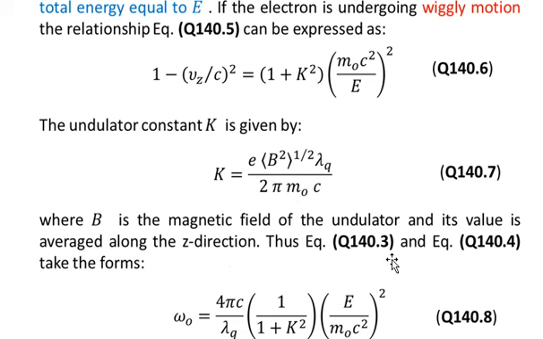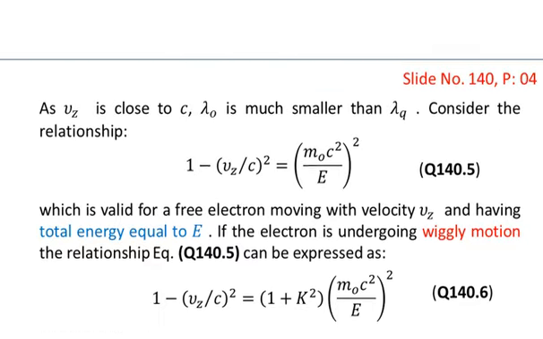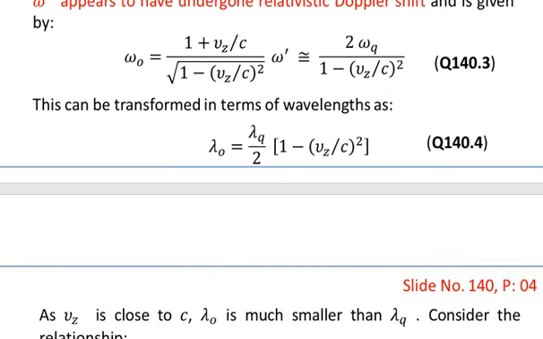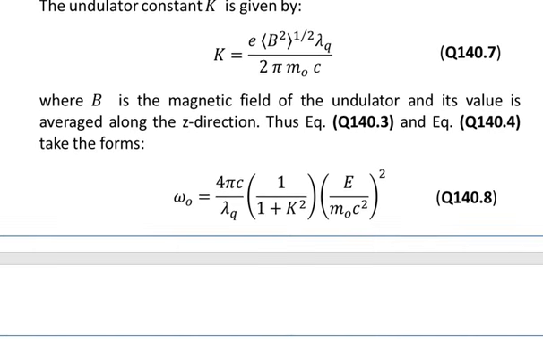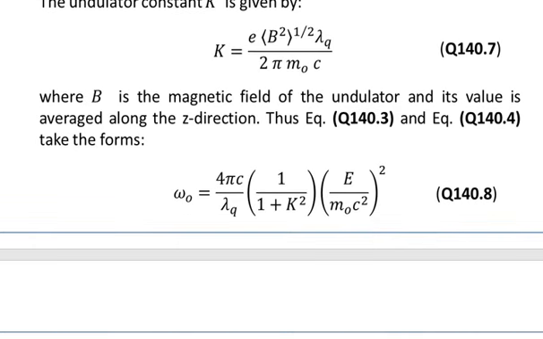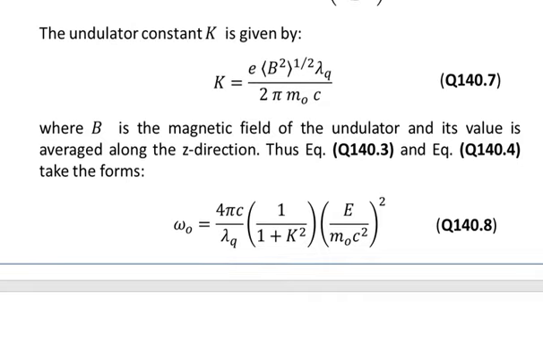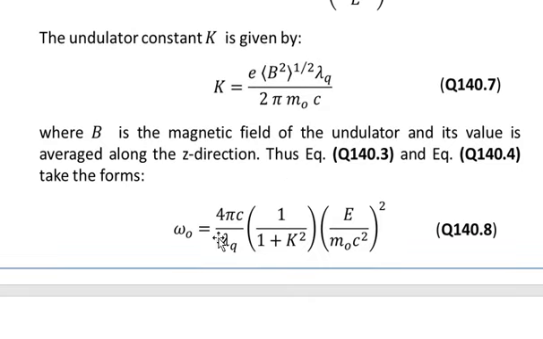Thus, equation number 3 and equation number 4 can now be written, in the presence of the undulator constant K for the wiggly motion of the electrons, as equation number 8: omega naught is equal to 4 pi c over lambda q, and then 1 over 1 plus K square, and then E over m naught c square, the square of this whole quantity.